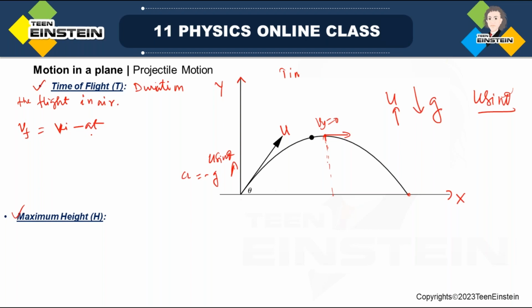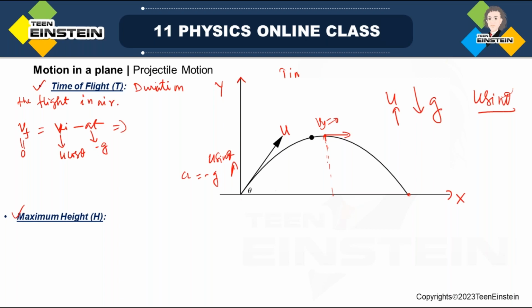When it reaches the maximum height, at time t, this is 0, the initial velocity is u sine theta, and a is minus g.